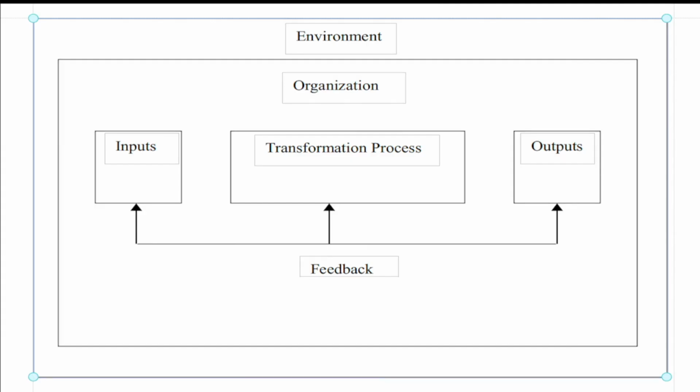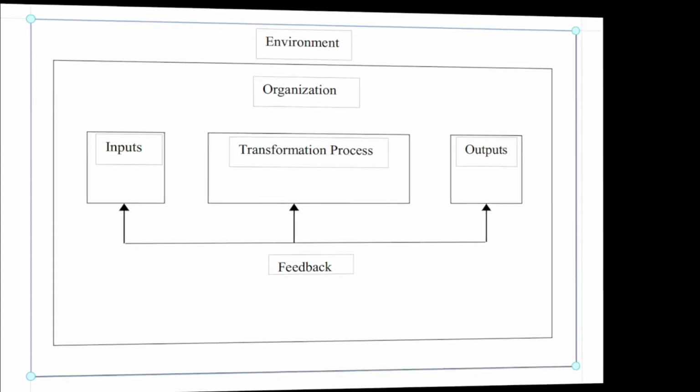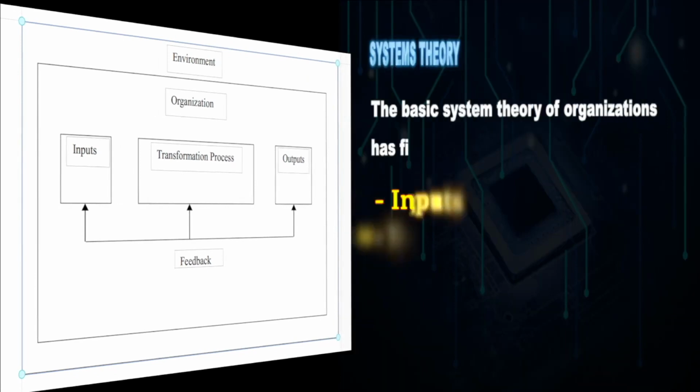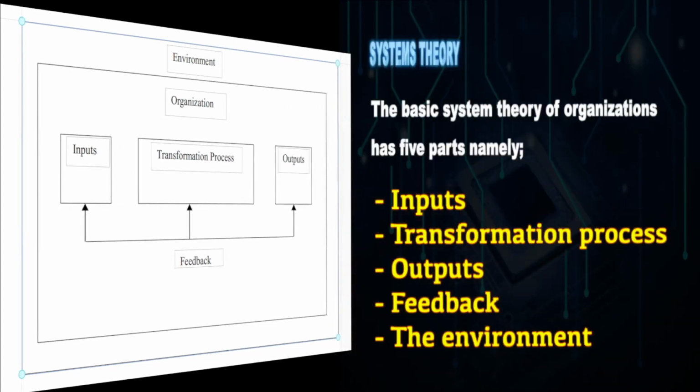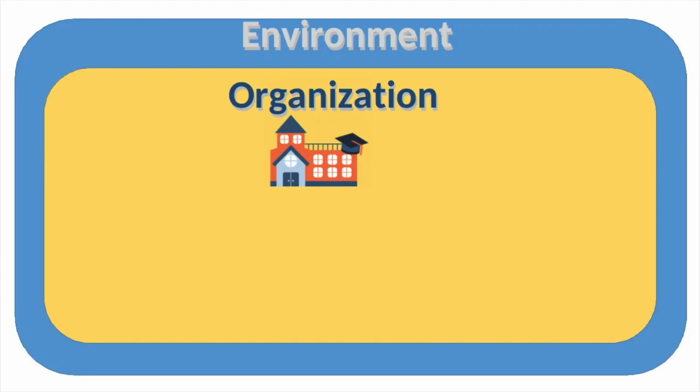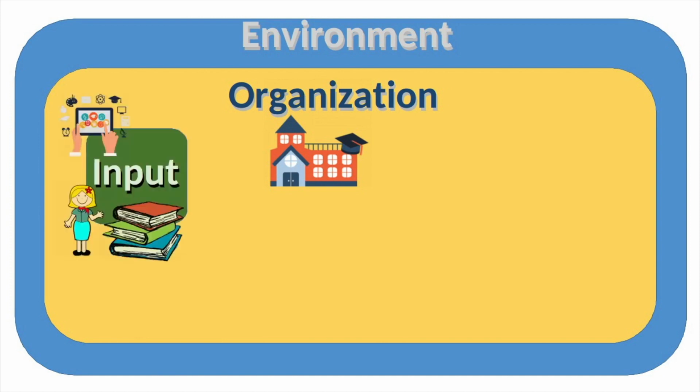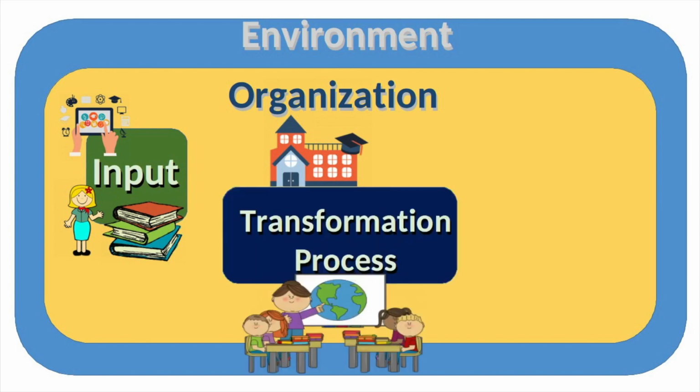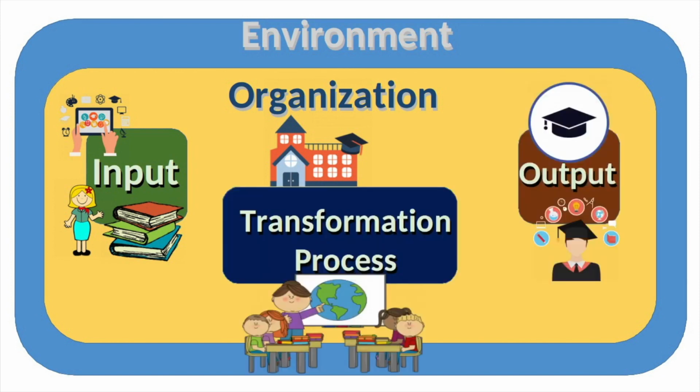This picture depicts the basic system theory of organizations, which has 5 parts, namely inputs, a transformation process, outputs, feedback and environment. As the figure shows, the organization is situated in an environment. We start by identifying the inputs and have them subjected to some processes to produce the desired output.